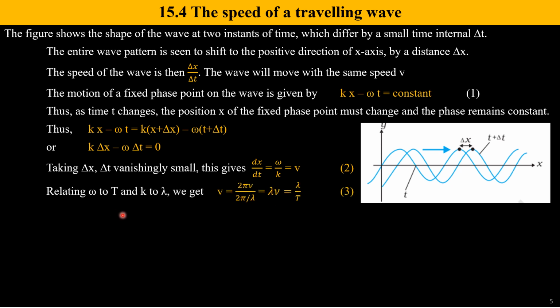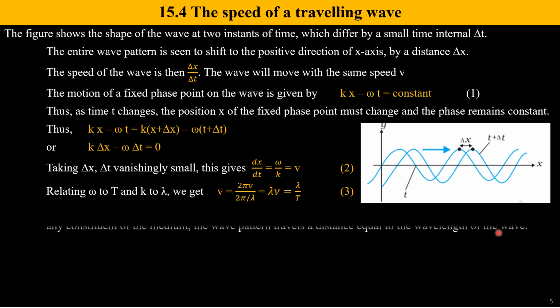Hence, equation 3 is a general relation for all progressive waves, which shows that in the time required for one full oscillation by any constituent of a medium, the wave pattern travels a distance equal to the wavelength of the wave.